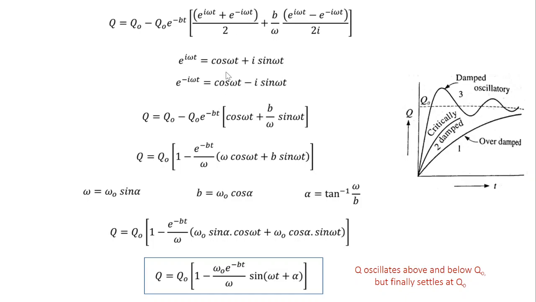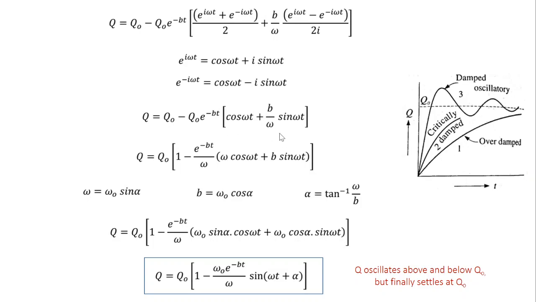This is 2 cos omega t divided by 2. So you get a cos omega t here. Similarly, e to the power i omega t minus e to the power minus i omega t. So the cos term gets cancelled. You have 2i sine omega t. Divide that by 2i, you get sine omega t here.